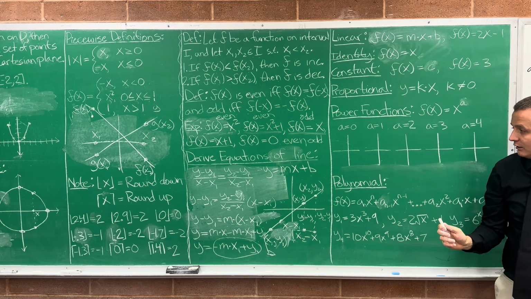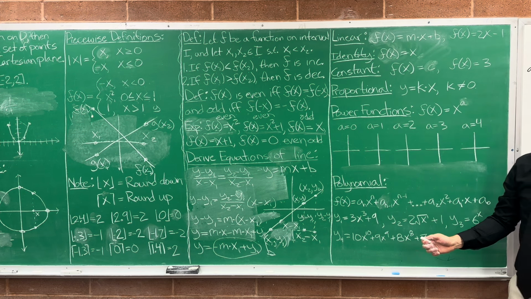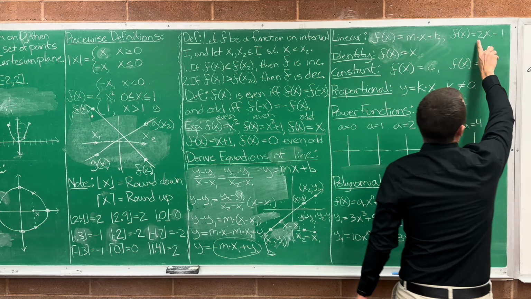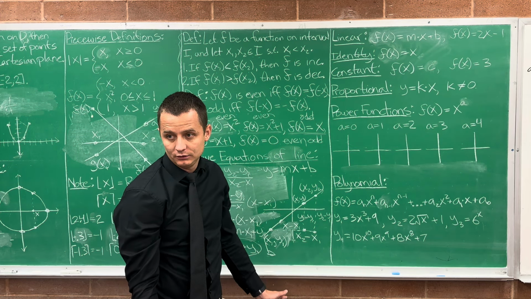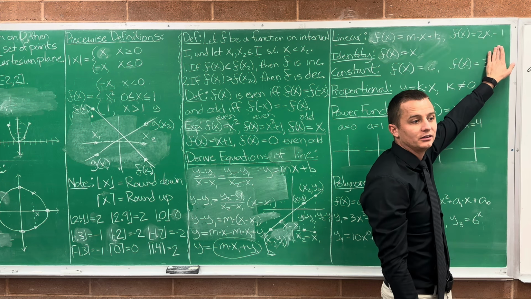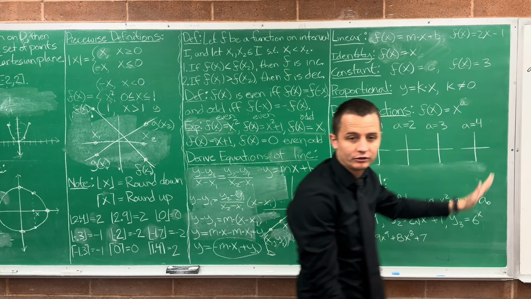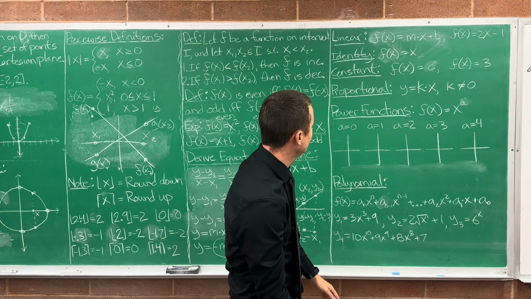It represents a line. Its graph is a line. Example, f of x equals 2x minus 1. Looking at that, you instantly know that's a line. And what's its y-intercept? Where does it cross the y-axis? -1. And what's the slope? 2. So you're just reading that information straight off.